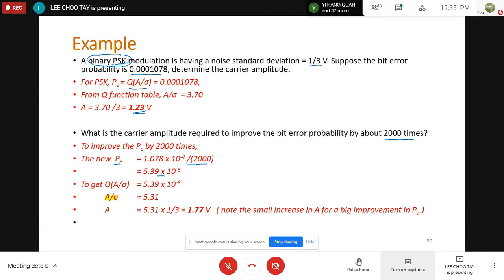So A over sigma is about 5.31. That means my A needs to be 1.77 volt. In order to improve the bit error probability by 2000 times, I need to send the BPSK signal with a carrier amplitude of 1.77 volt.